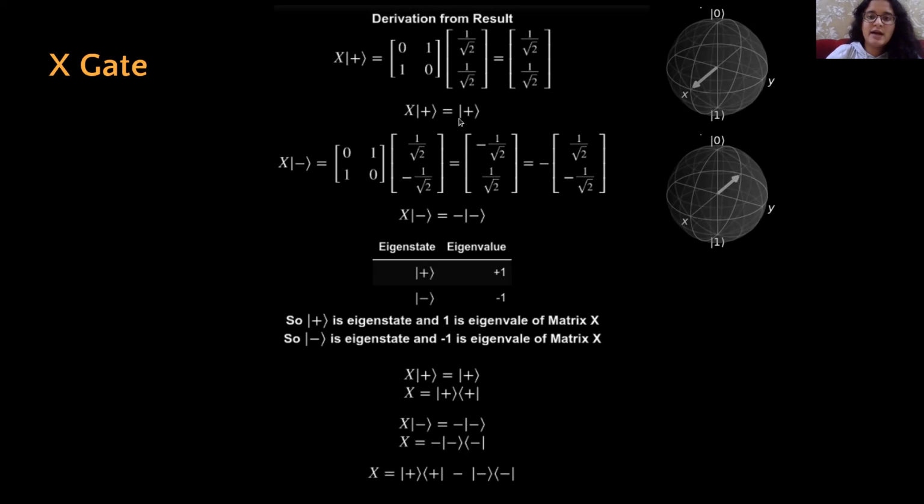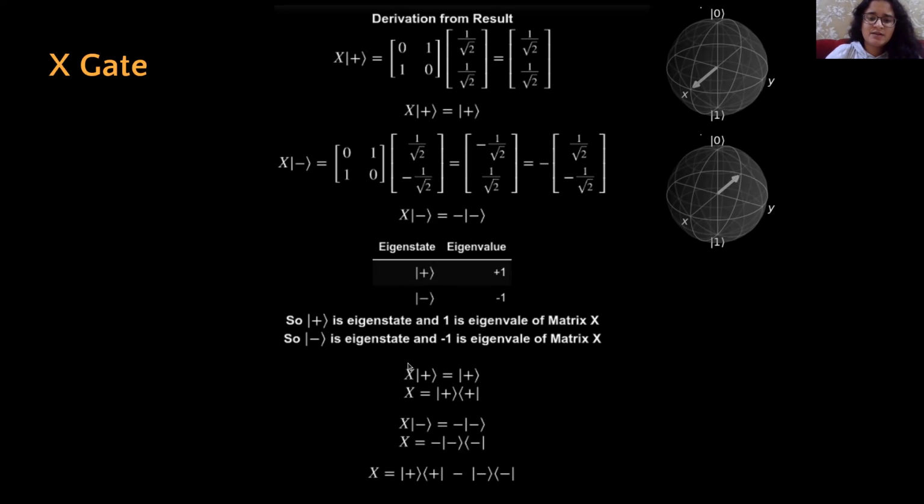Therefore, the eigenvalue for ket plus is +1. And when we apply X gate on ket minus, we get ket minus back without any rotation, but with a negative sign because of the scaling. So the eigenvalue is -1. And this is the result: ket plus is the eigenstate with +1 eigenvalue, and ket minus is an eigenstate with -1 eigenvalue.